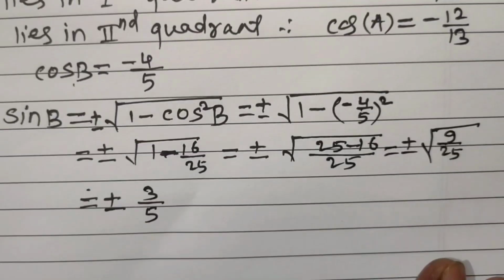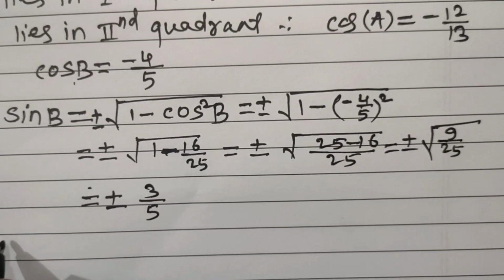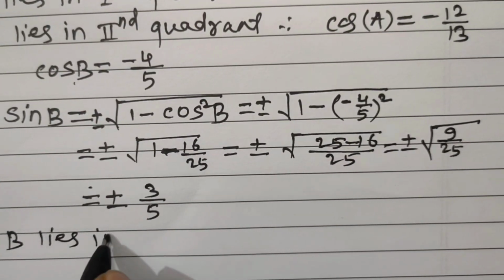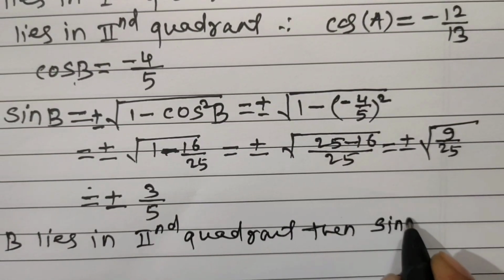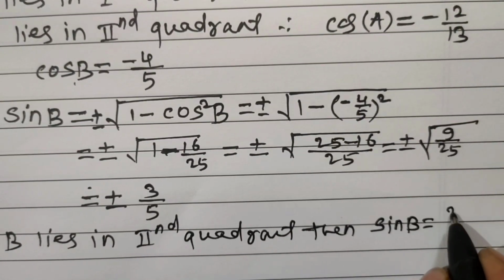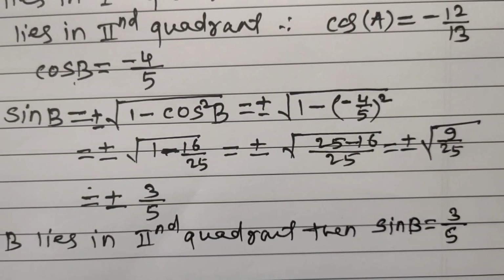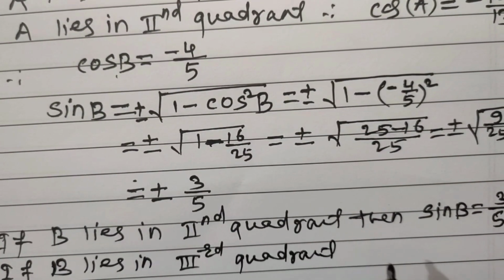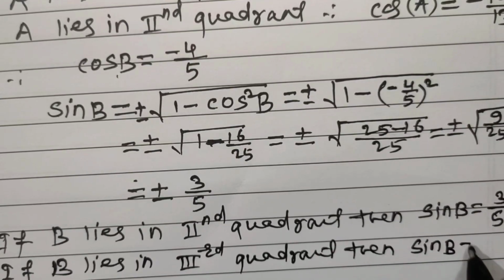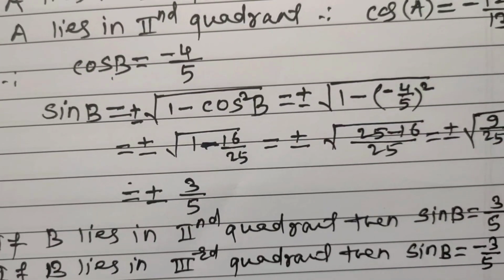Let us write this conclusion. If B lies in the second quadrant, then sin B is equal to plus 3 upon 5. And if B lies in the third quadrant, then sin B will be minus 3 upon 5. Remember this.